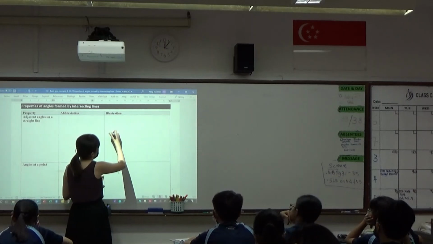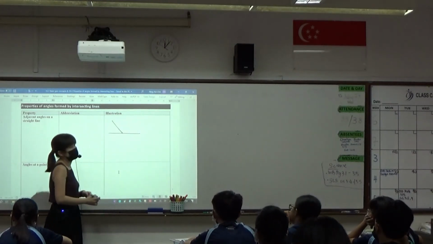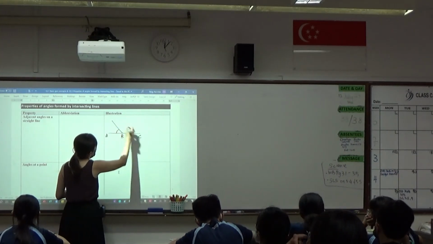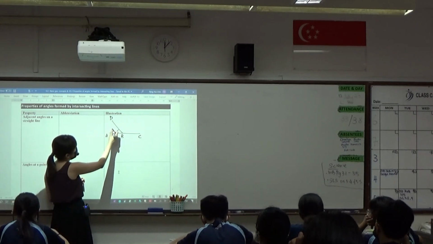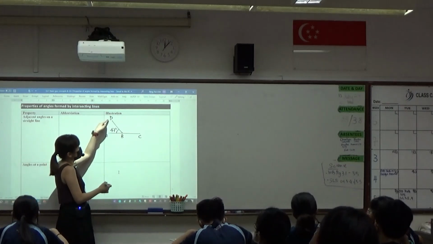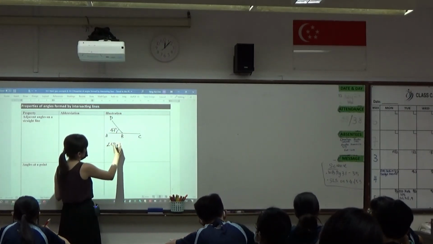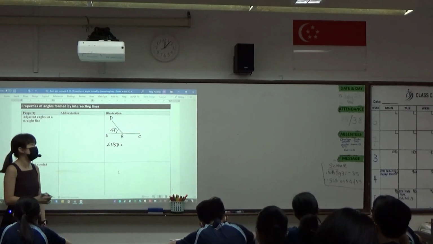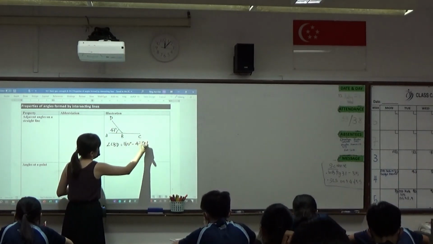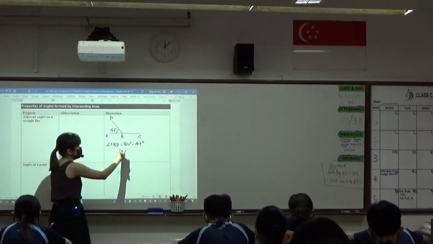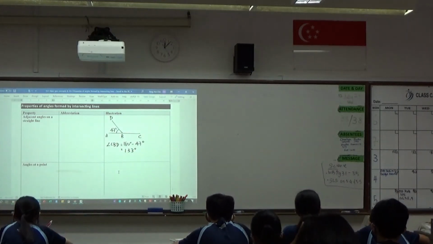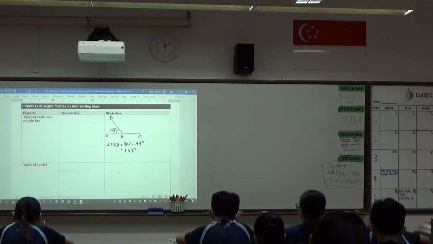It refers to when we have a diagram that maybe looks like this, and I tell you that this is called A, B, C, and D. If I tell you that this is 47 degrees, and I want to find out what is angle CBD, if ABC is a straight line, it will be 180 minus 47 degrees, and we will have 133 degrees.